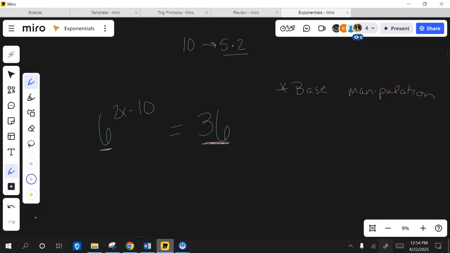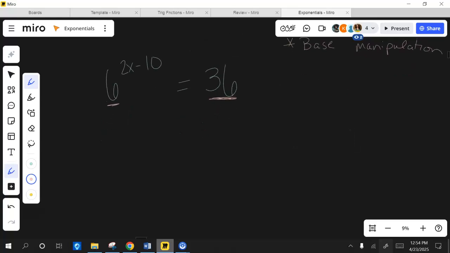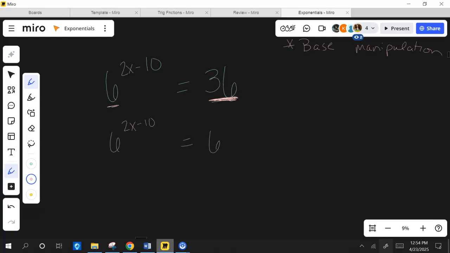That's still 10, I just wrote it a different way, okay? So I can change this one because I could make this one have a base of 6, right? So I could leave 6 to the 2x minus 10, but this one I would change to.